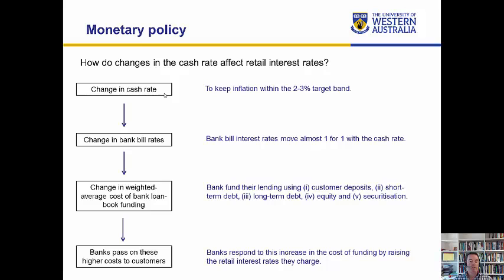For the banks to pass on a 0.5% cut in, say, mortgage interest rates, then when the cash rate falls by 0.5%, the banks need bank bill interest rates to fall by 0.5%, which generally happens automatically. But also, they need to cut customer deposit rates by 0.5%, and they need long-term debt interest rates to be cut by 0.5% as well.